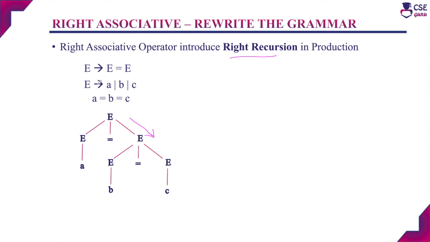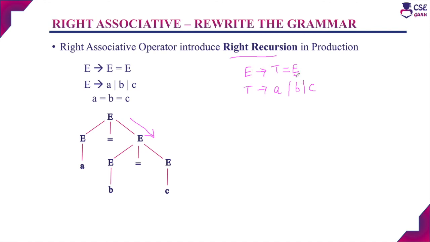Now we can rewrite this grammar as E derives T equal E, and T derives A or B or C. So if you are considering this grammar, we are implementing a right recursion. E is present as a right operand.